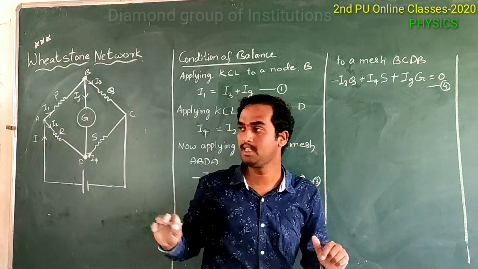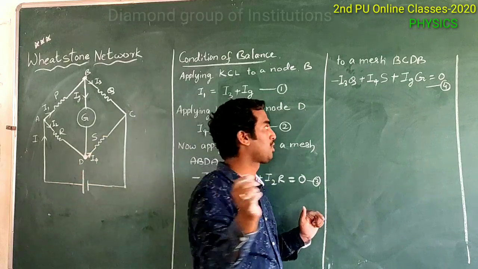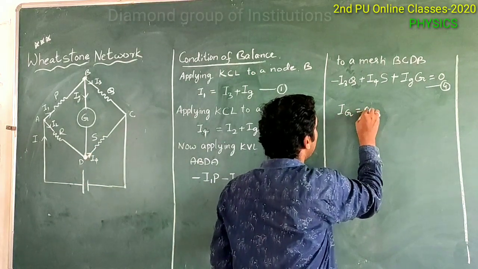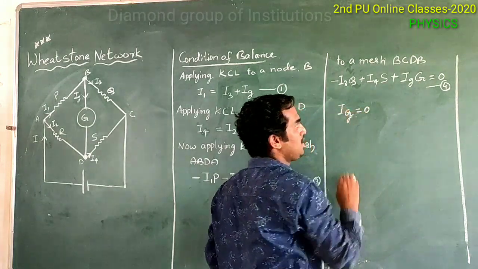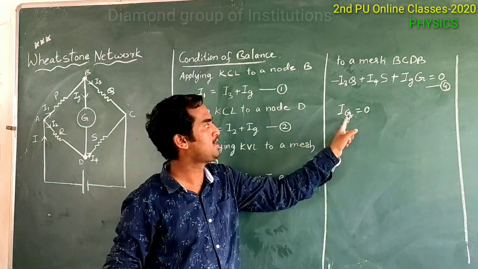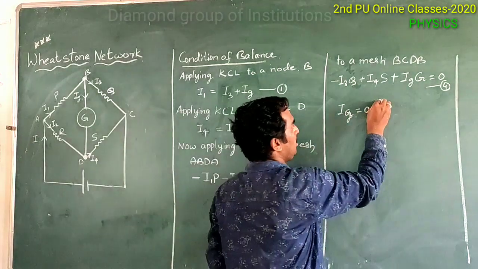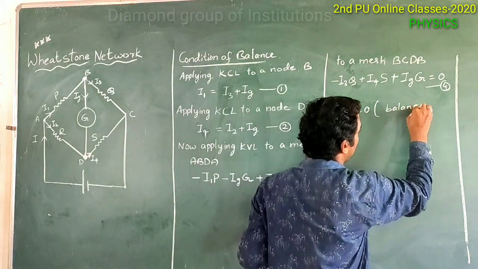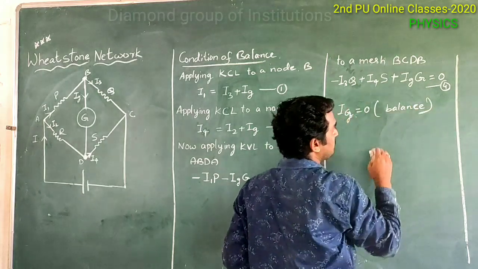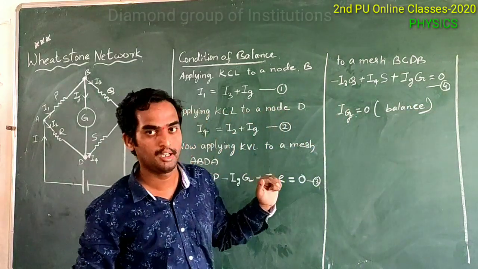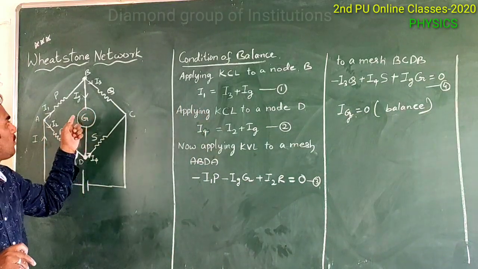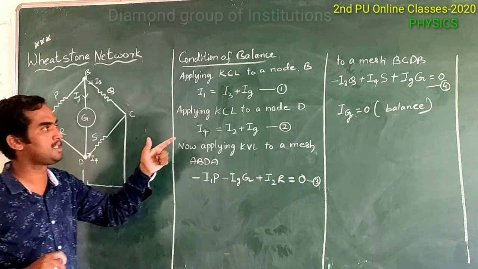To balance this network, we are going to take the current which is passing through the galvanometer as 0. Ig equal to 0, so that the network will be balanced when the current flowing through the galvanometer becomes 0.